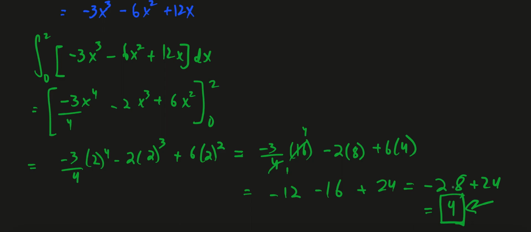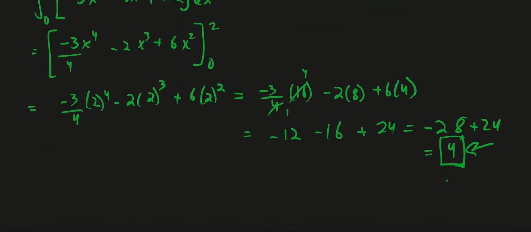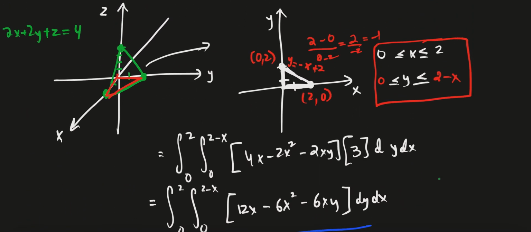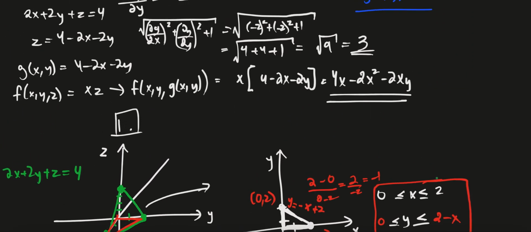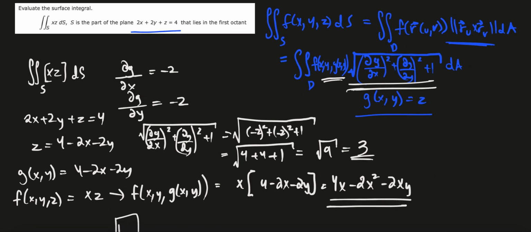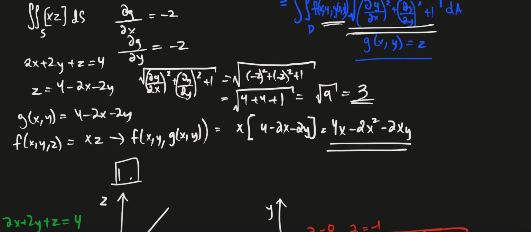That's the surface integral. These take time because of the setup at first, I think. Yeah, they take time mainly because of the setup at first and then the integration. So like setting it up with finding the partial derivatives, and then finding the region to integrate over, and then setting it up.